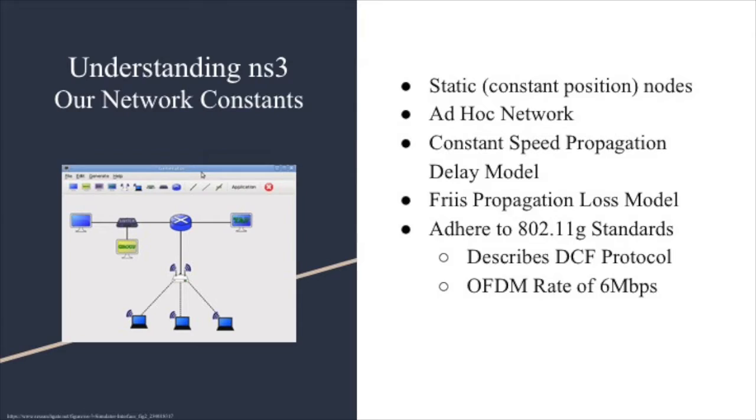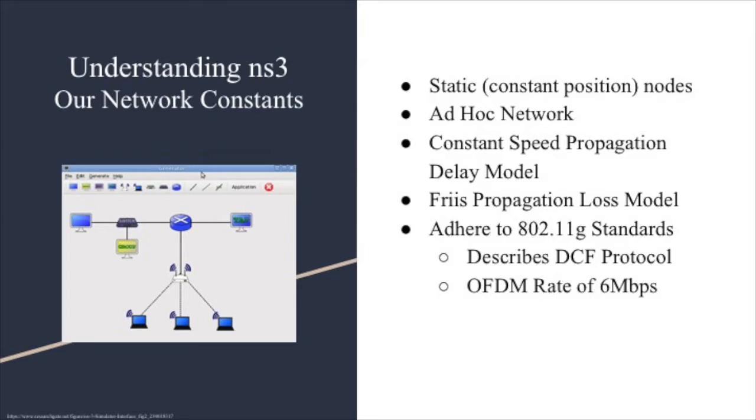Without getting into too many details, there were various classes within NS3 that we modified, and ultimately we ended on the fundamental physics assumptions in Wi-Fi networks. So this includes the distance squared propagation loss, where signal strength attenuates proportional to the square of the distance between two nodes, as well as a propagation delay following the speed of light in a vacuum.